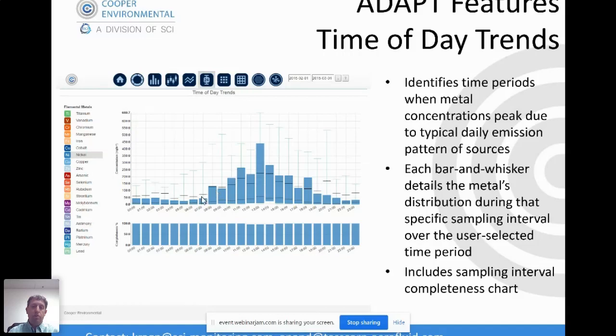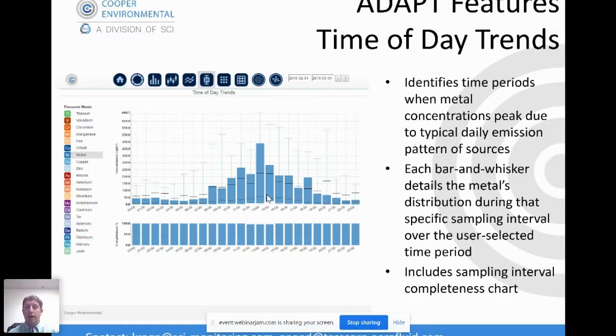The primary information you can get from this is what kind of diurnal patterns you have for particular elements. For nickel, you're seeing the highest concentrations during the middle of the day, probably a manufacturing source or something operating the most during the middle of the day.